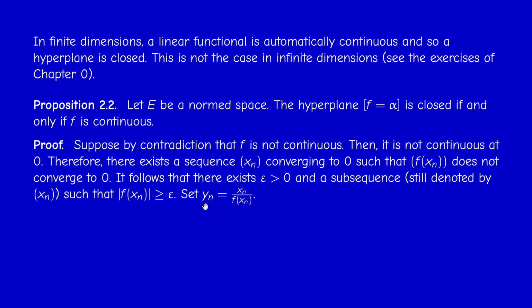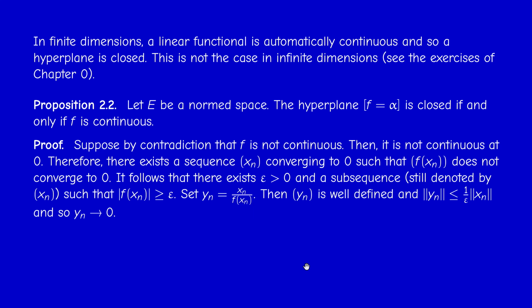Now we set yn equal xn over f of xn, but we understand that actually this is a subsequence of the original sequence. But it doesn't really matter. Now, if you take the norm, you'll get the norm of xn over the absolute value of f of xn, because here xn is a vector and f of xn is a number.